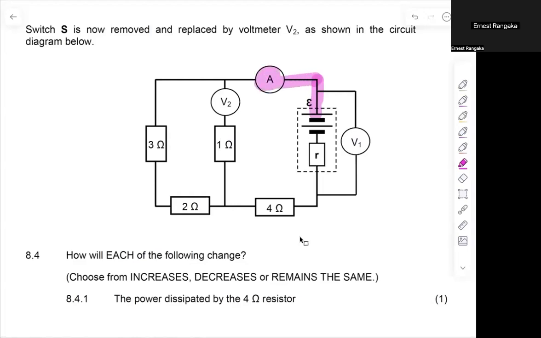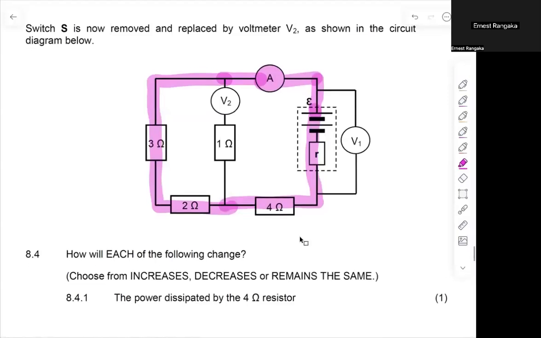It's going to go around there, this pink current. It's not going to split down because it can't go through my voltmeter. It's going to skip right past there, keep going down through the 3 ohm, through the 2 ohm. It can't turn left because it can't go through that voltmeter. It's going to keep going straight past there, up, and that's what we have. So essentially, we've now converted what we have there to a series circuit.